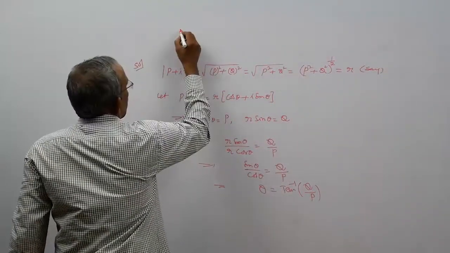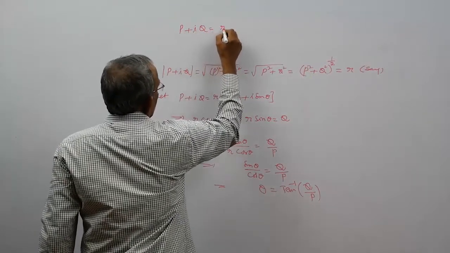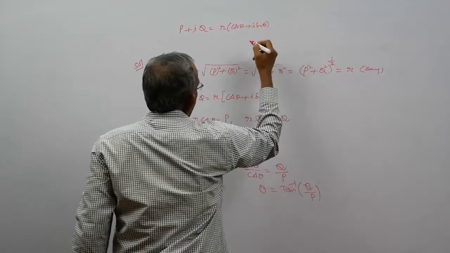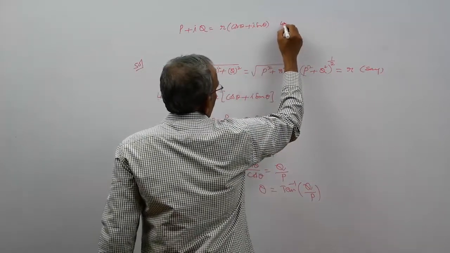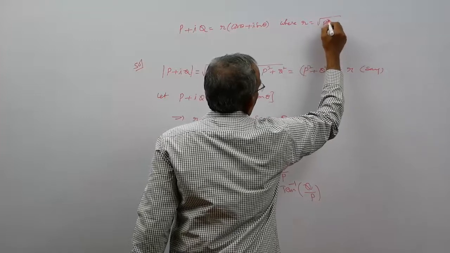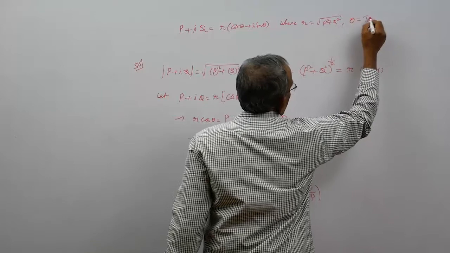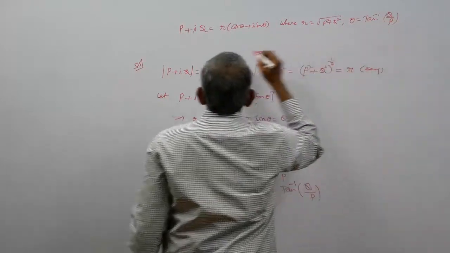So p plus iq is equal to r into cos theta plus i sin theta, where r equals root of p square plus q square and theta equals tan inverse q by p.